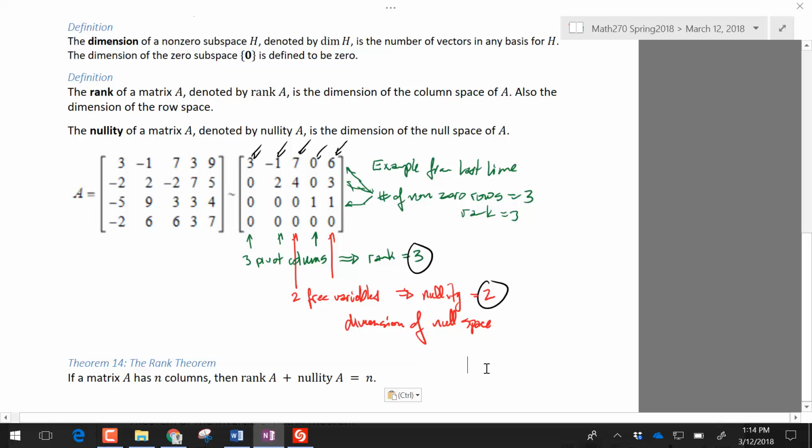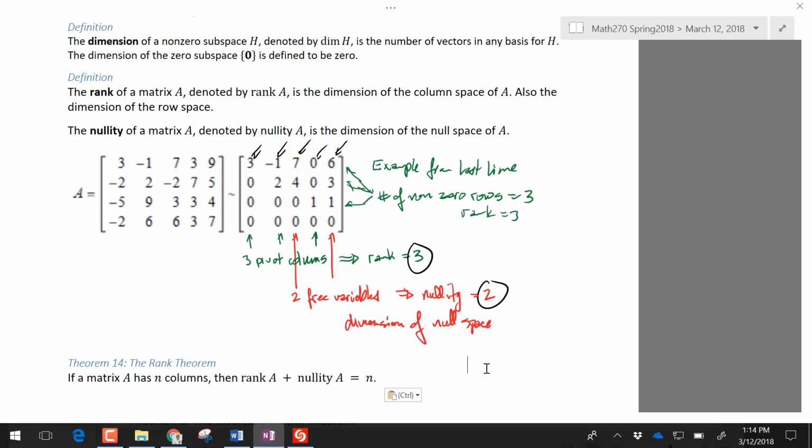The rank theorem tells us that the rank and the nullity add up to the number of columns. And the non-pivots are the free variables.